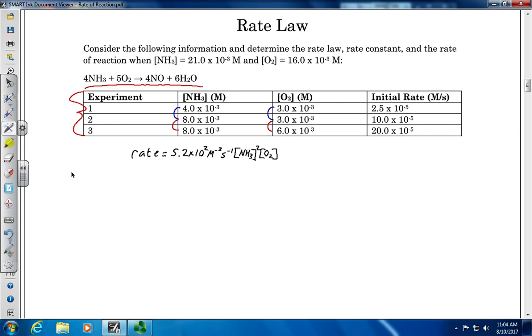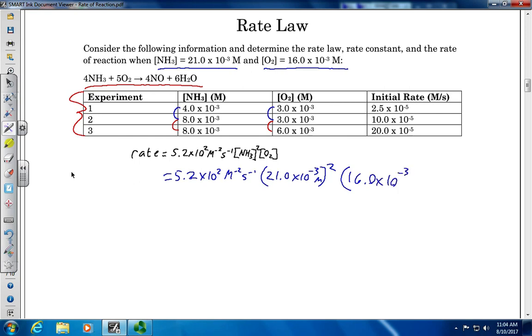So all we need to do now, let's use blue on this one, 5.2 times 10 to the second power per molar squared per second times the concentration of ammonia that they want to use, which is 21.0 times 10 to the minus 3 molar squared, times 16.0 times 10 to the minus 3 molar.